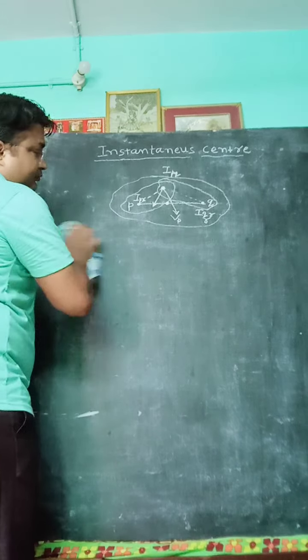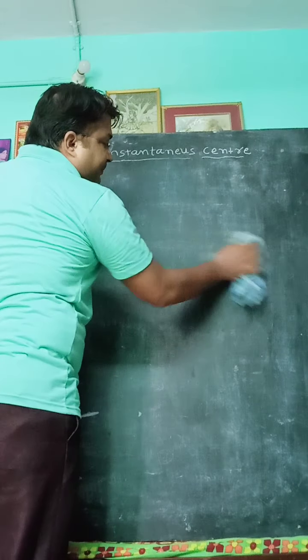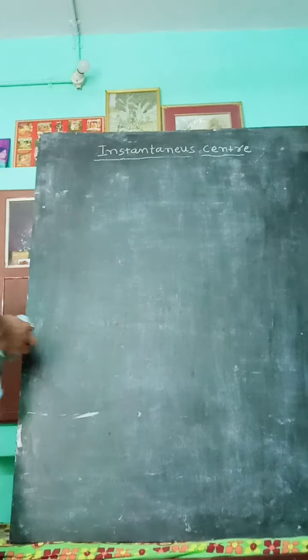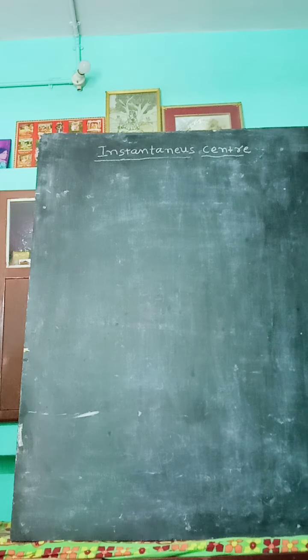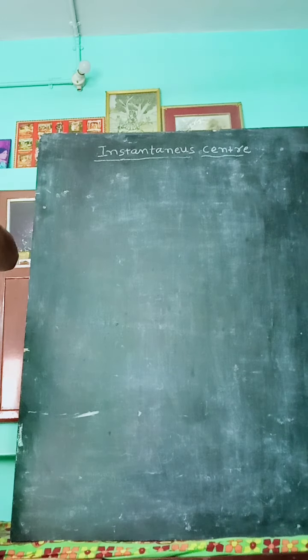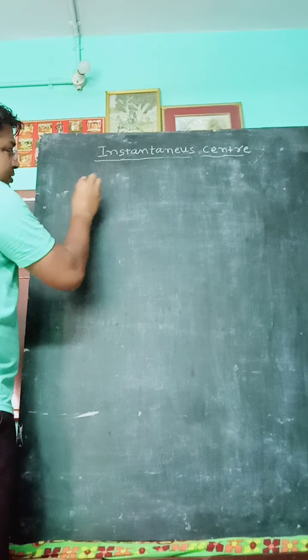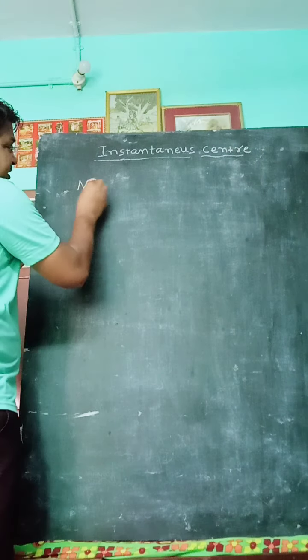Now for a 4-bar chain mechanism, single slider mechanism, or a mechanism which has 6 links, 8 links, 9 links, 10 links, how do we come to know how many instantaneous centers there are? So the number of instantaneous centers can be found by using this relation.